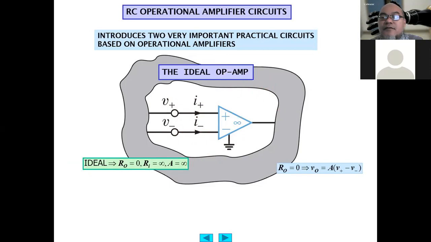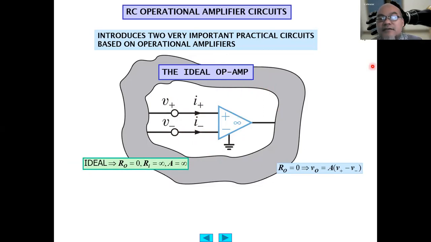We are going to use this ideal op-amp approximation throughout this chapter. In this case, R0 is 0, and V output will be the gain times V plus minus V minus. If the gain is infinity, V plus is basically equal to V minus. And Ri is infinity, so I plus equals I minus equals 0.